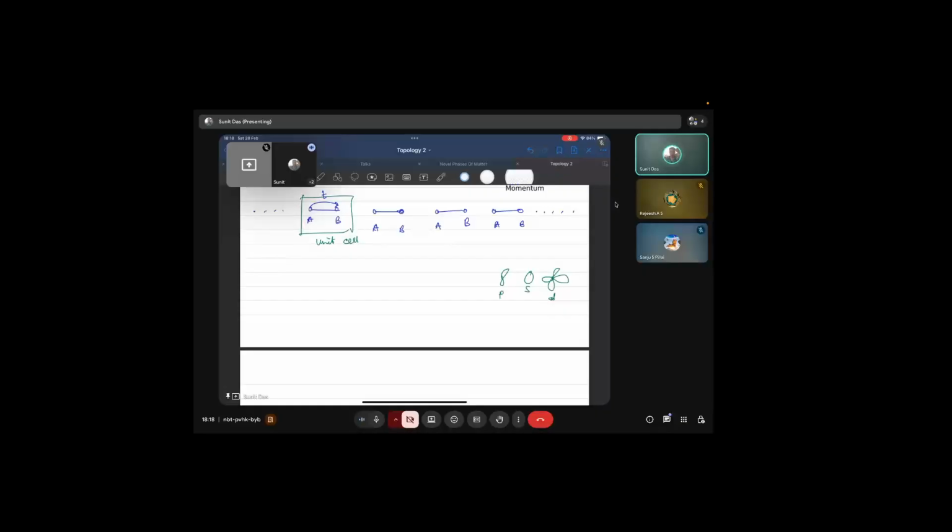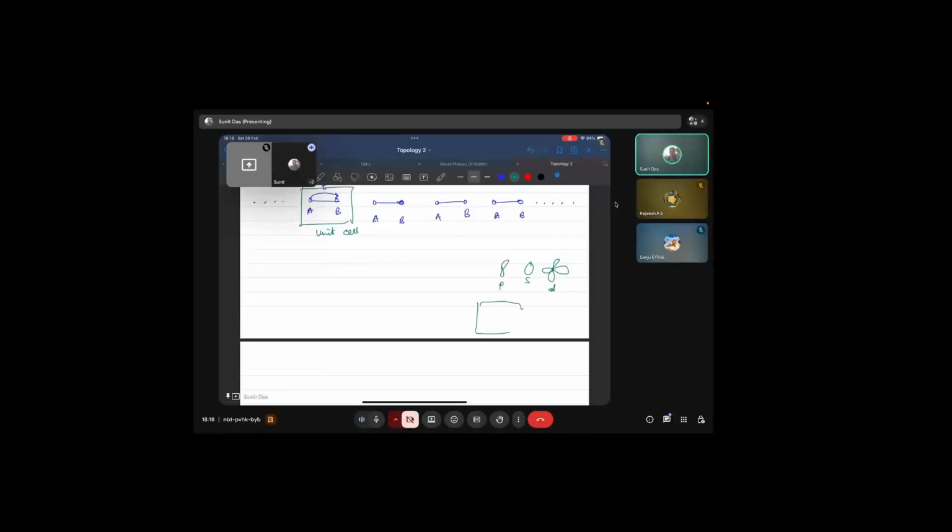In the solid state system, suppose within a unit cell you have two atoms, A and B. For simplicity, let's assume this is a P-like atom, and this is a B atom, an S-like atom, S wave or S and P. So these are atomic orbitals.